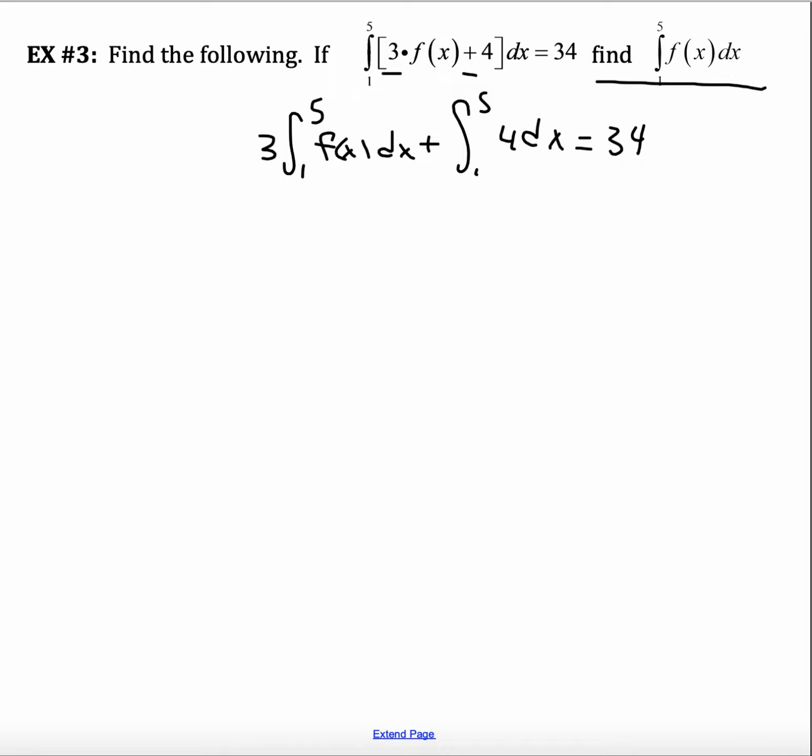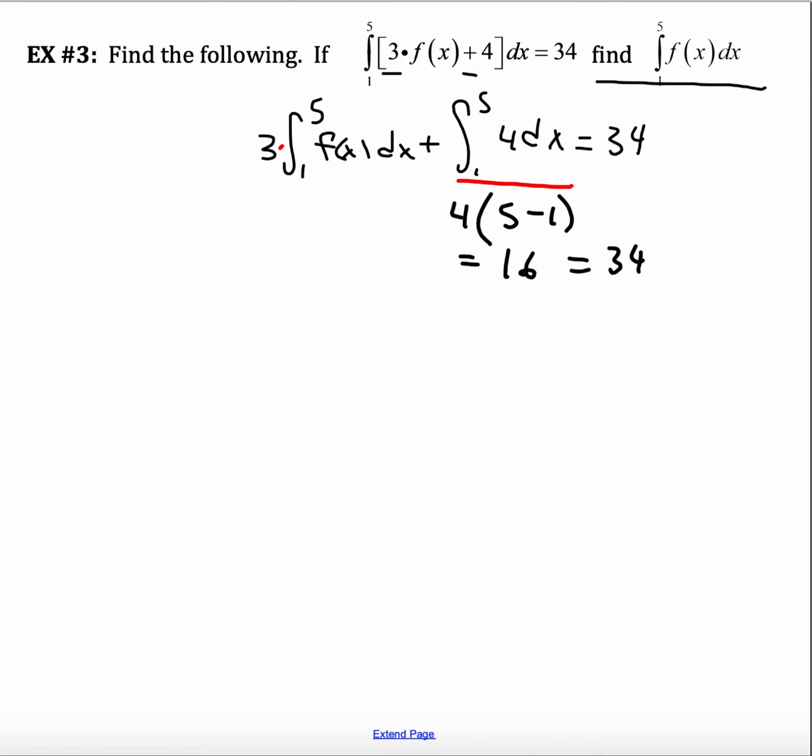I could simplify this, and I know I have to get rid of that 3 to be left alone with the integral from 1 to 5 of f of x dx. So let's figure this one out. Again, using our properties, there's a constant. It's just going to be 4 times b minus a, and that gives us 16.